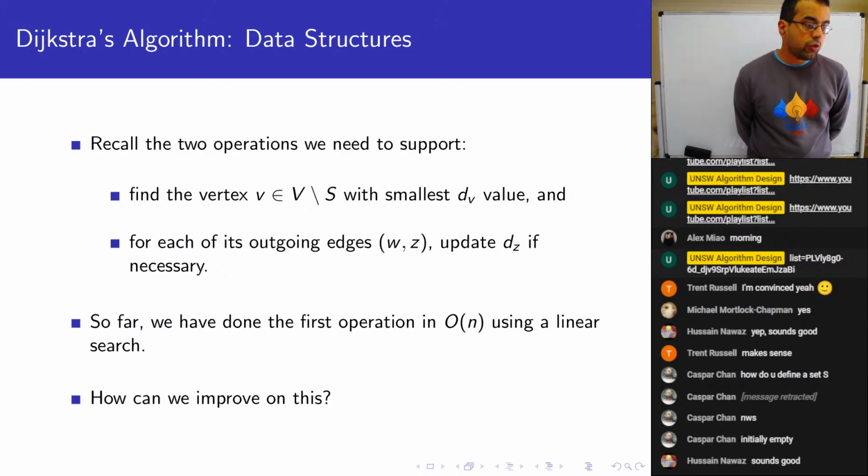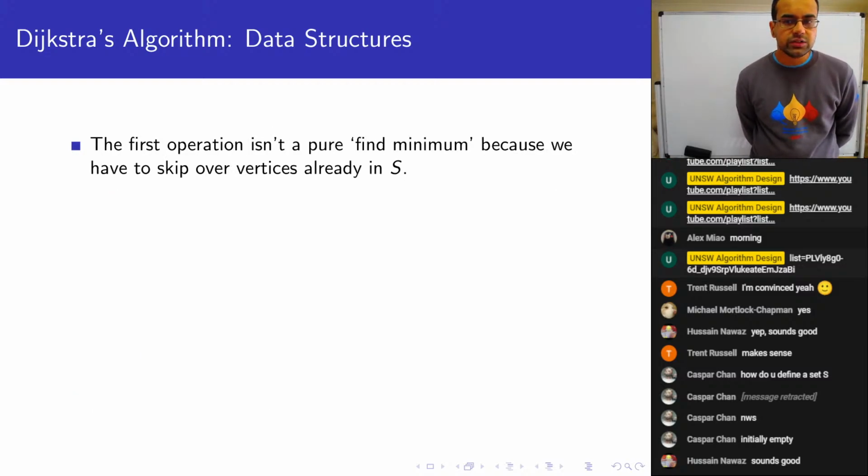So let's consider alternative strategies. I mentioned earlier that this isn't exactly just a find minimum, right? We're not just looking for the smallest dv value overall, because we have to skip over those vertices already in S. If it was just a find minimum without consideration of which vertices we're allowed to pick, then we'd always be picking the source vertex because its shortest path is 0.